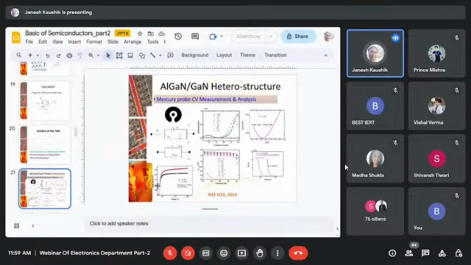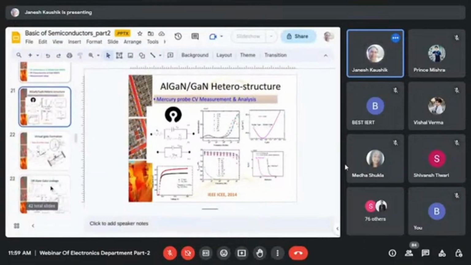So this is the first simple measurement we do regularly in our lab.